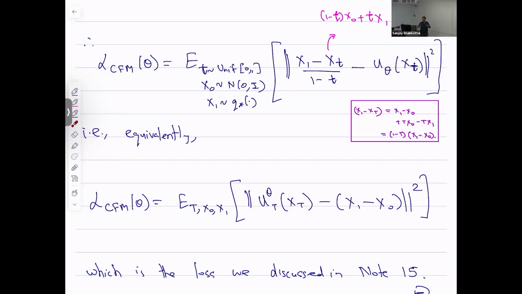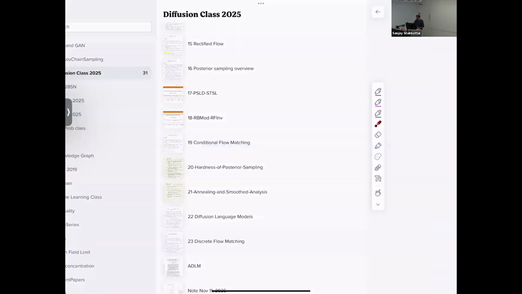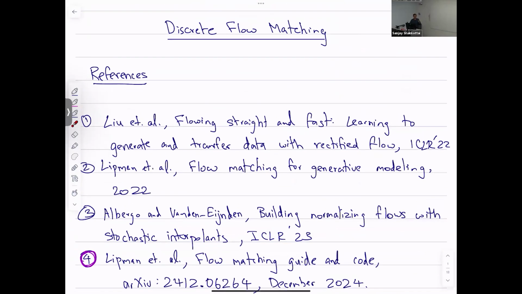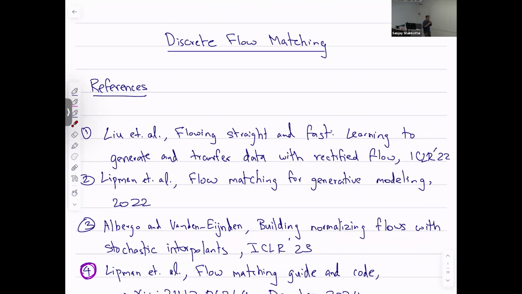To do that, go to the conditional flows, get a closed form expression for the conditional flows, then approximate the unconditional flow using the conditional flows, and it all works because the gradients are the same. All right, now let's do this for discrete. All this was continuous time, continuous state space. We want to do something like this for discrete state space, continuous time.